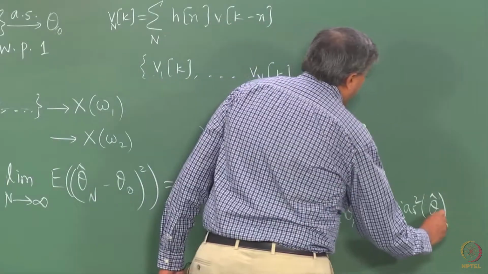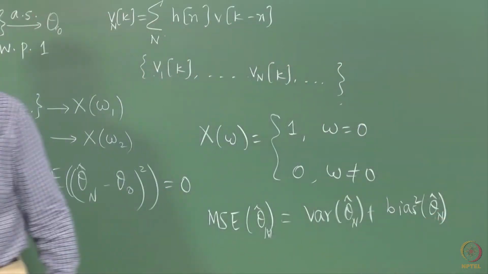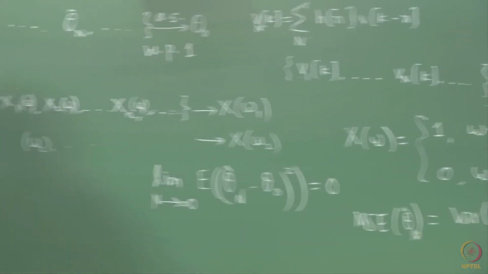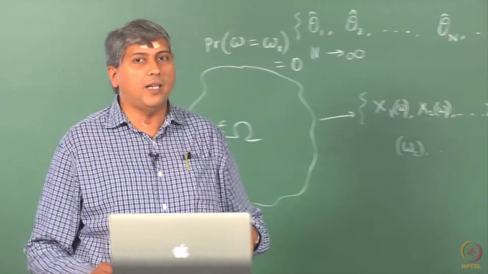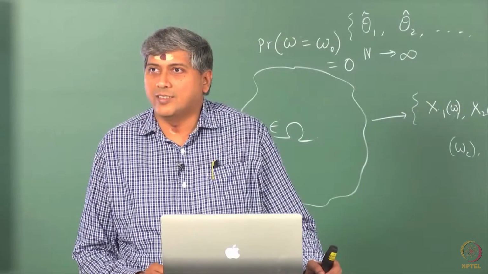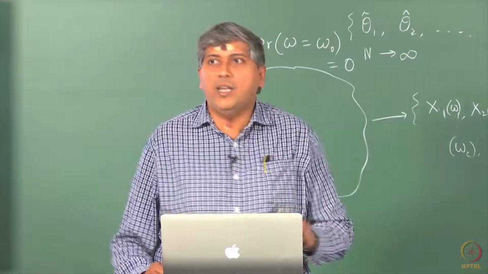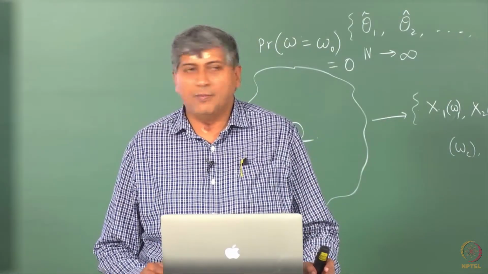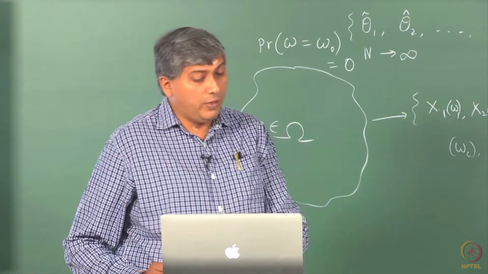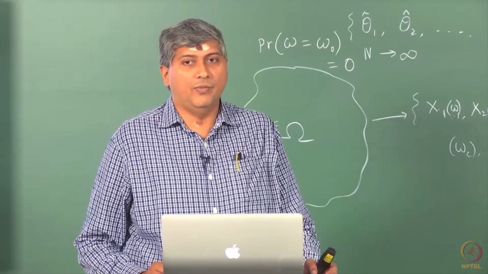So, from the given expression, how do you prove that it is mean square consistent? I have given the expression for the variance, but the statement that I am making is that it is mean square consistent. The mean square error should go to 0. It is not sufficient if the variance alone goes to 0. Bias is 0? For this estimator, its bias is not 0.